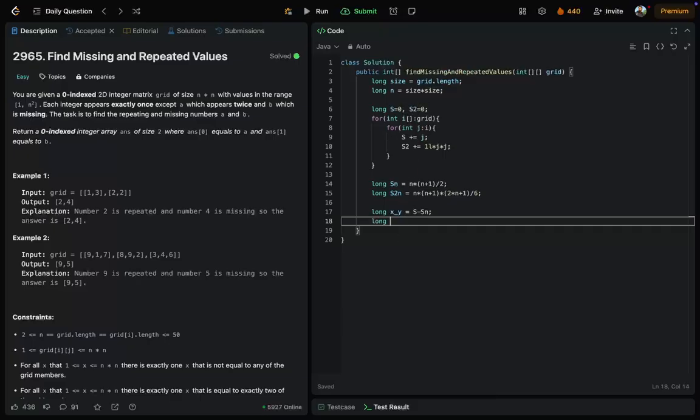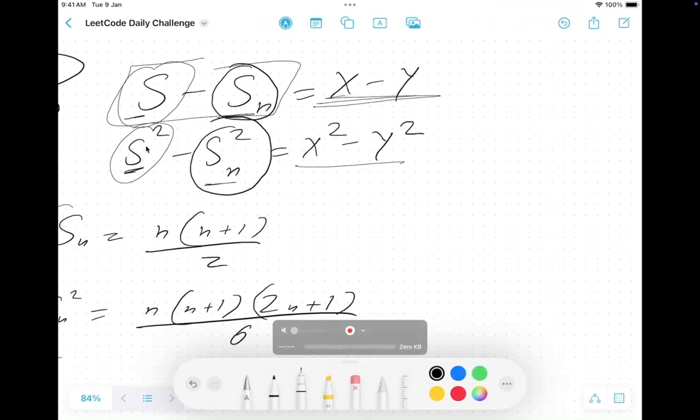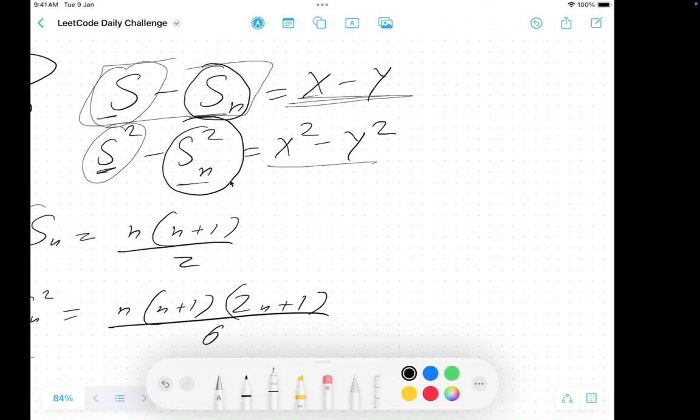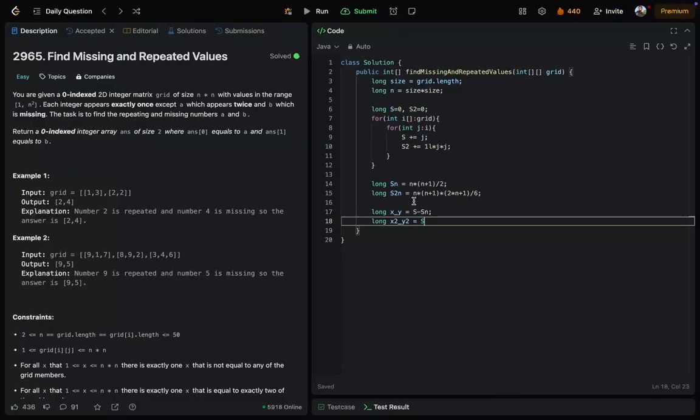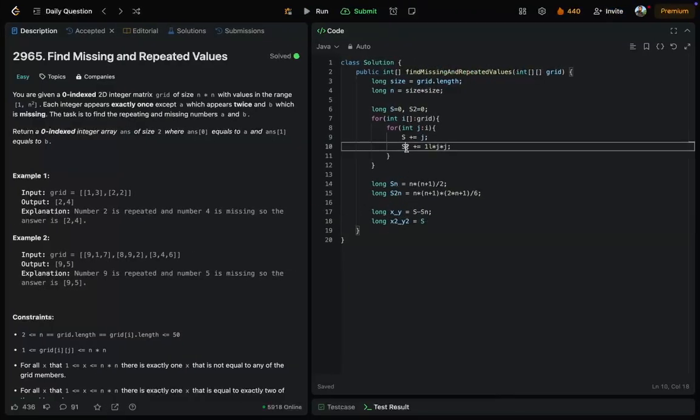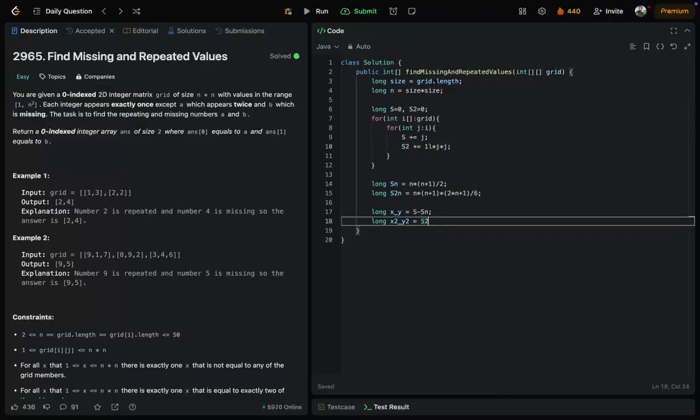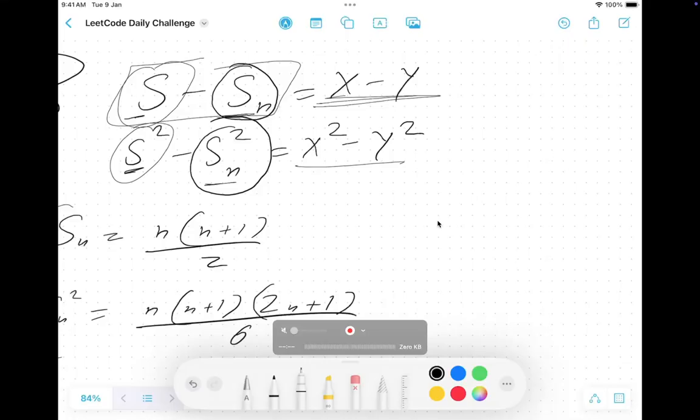Okay, then let's find x square minus y square, which is s square minus s square n. Okay, so we have found our two values.